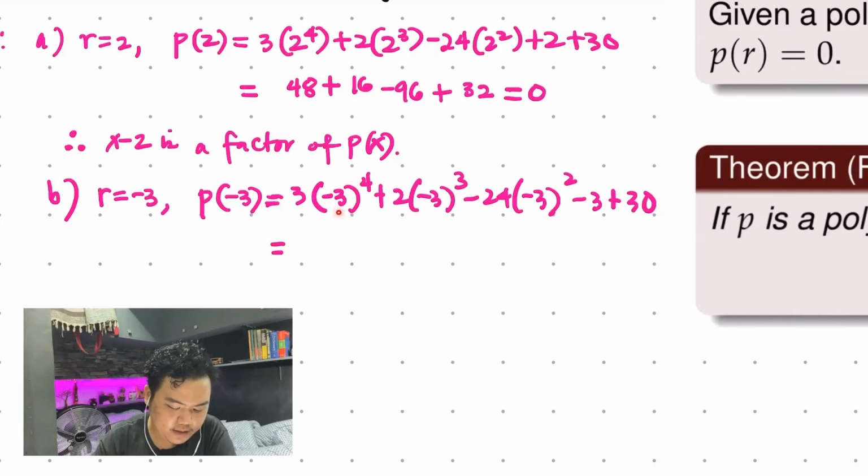So, meron kang 3 raised to 4, magiging positive kasi even. 3 raised to 4 is 81, tapos times 3, so 243.